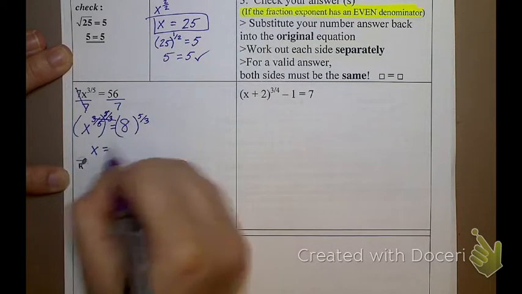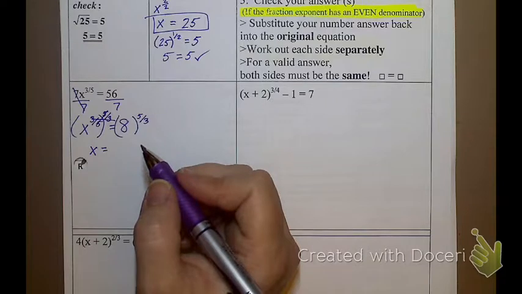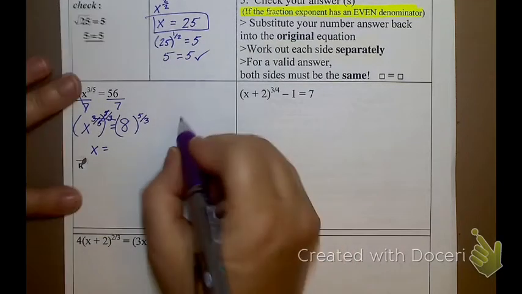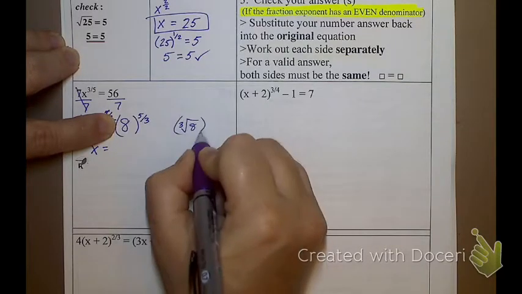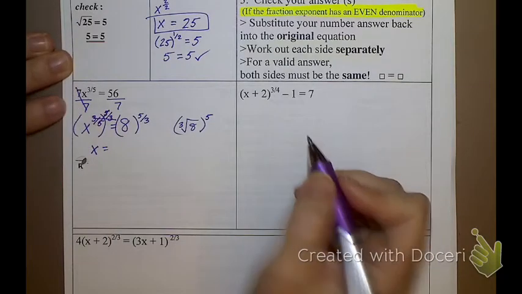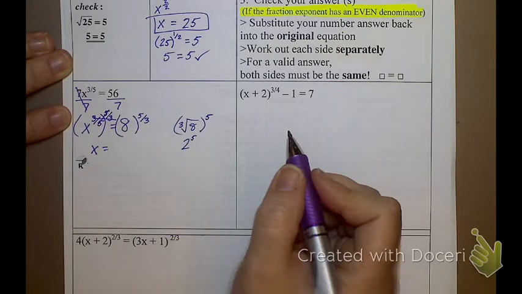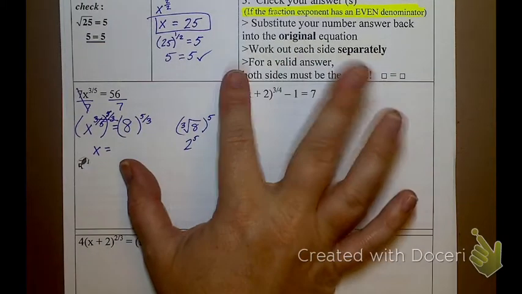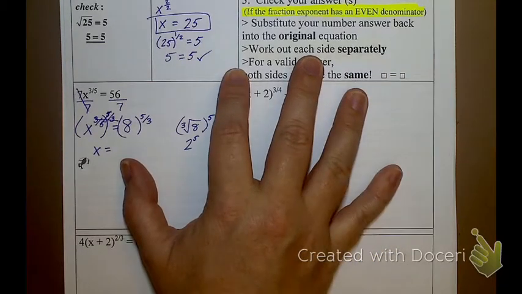Now I need to solve what 8 to the 5/3 power is. Now I can go to my calculator and I can actually calculate 8 to the 5/3 power. Or I can remember that this is really the cube root of 8 to the 5th power. What is the cube root of 8? 2. To the 5th power? 2 times 2 is 4, times 2 is 8, times 2 is 16, times 2 is 32.